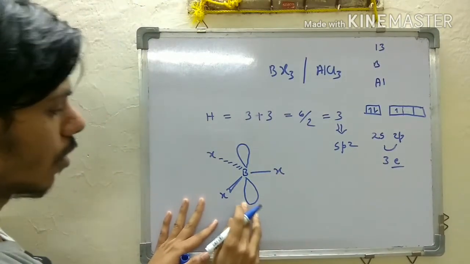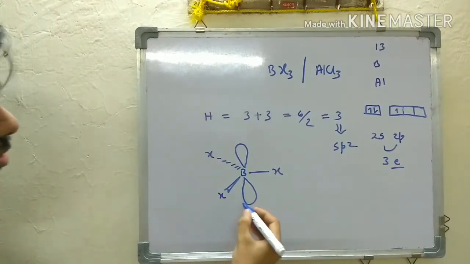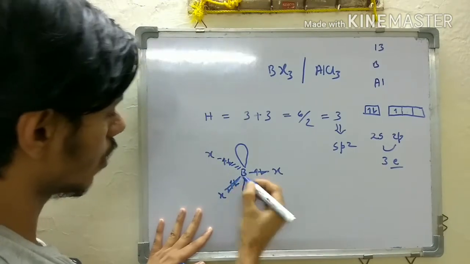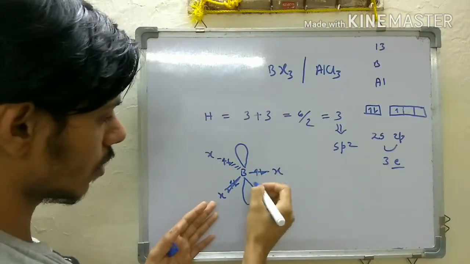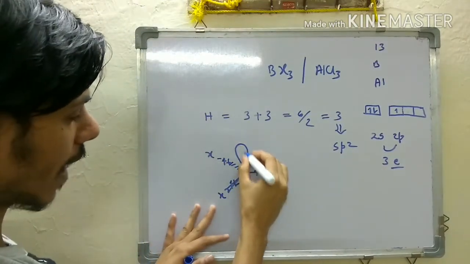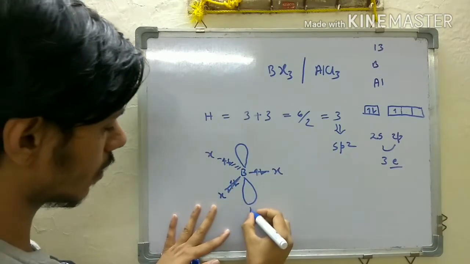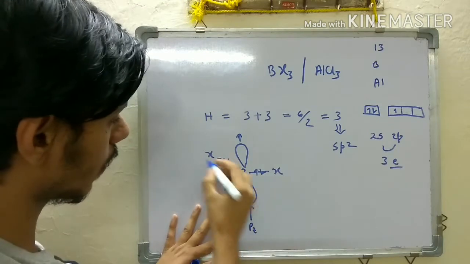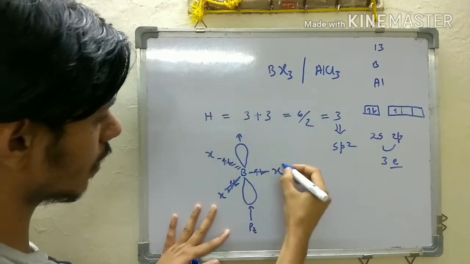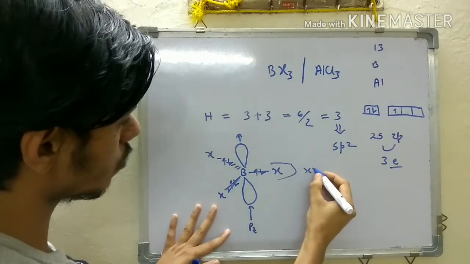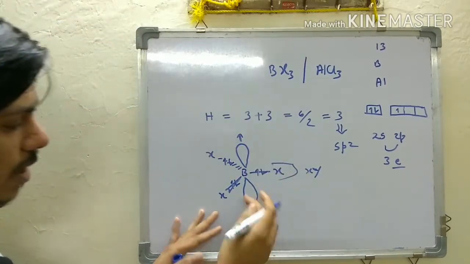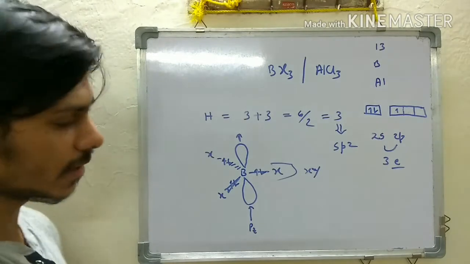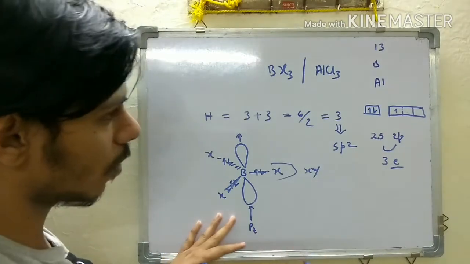Now what happens is that these 3 orbitals contain 2 bonding electrons each, and this p orbital, I can call it a pz orbital. This is a pz orbital, and the bonds are in plane. These are X. So this is your xy plane, and this is the z axis. So this is your pz orbital. Now you can see this pz orbital is vacant, and it can accept electrons from a base.